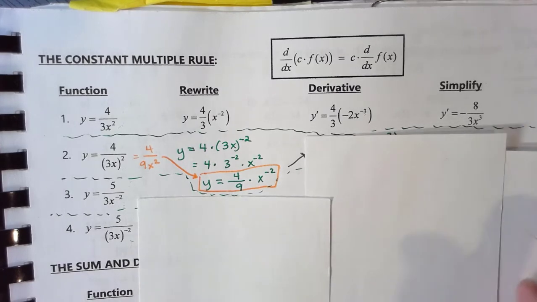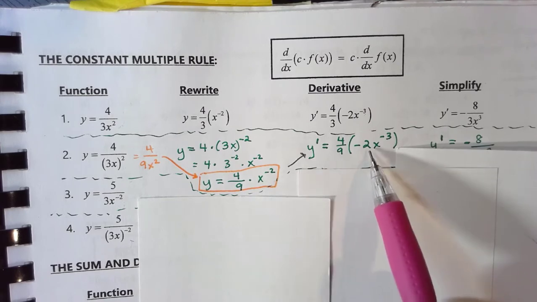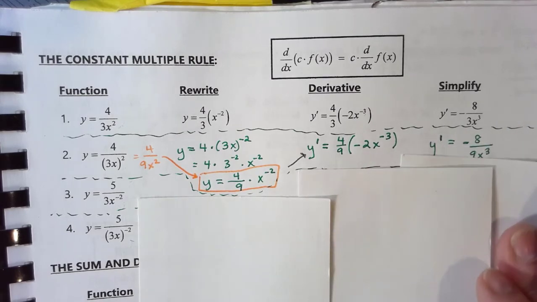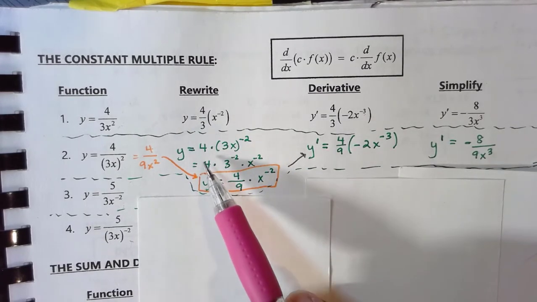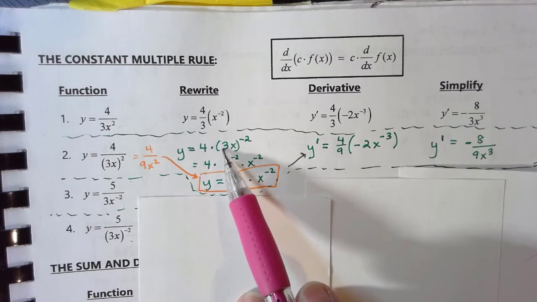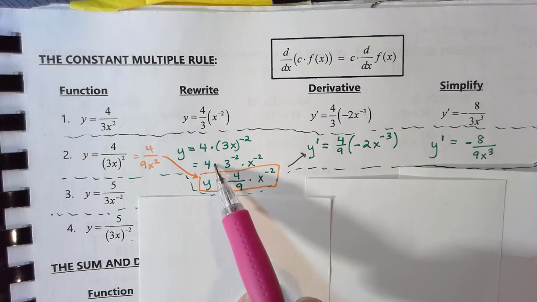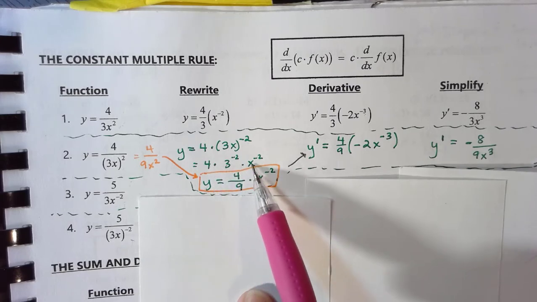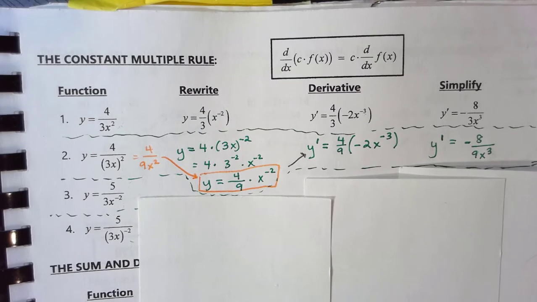Now I'm ready to take the derivative. 4/9, the derivative of x to the -2 is -2x to the -3rd, and here we clean it up. However, I thought about this a whole other way. We could also write this as 4 times the quantity 3x to the -2. I then have to write this as 4 times 3 to the -2 times x to the -2. I still get the same answer. Pause your video and write all that down now.